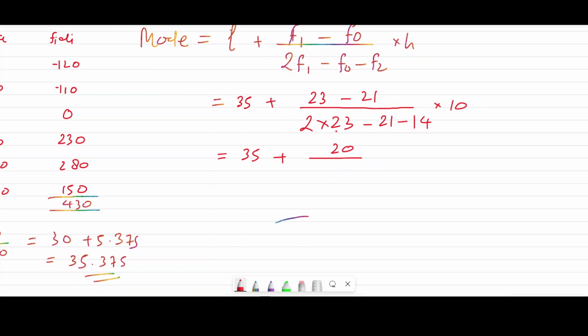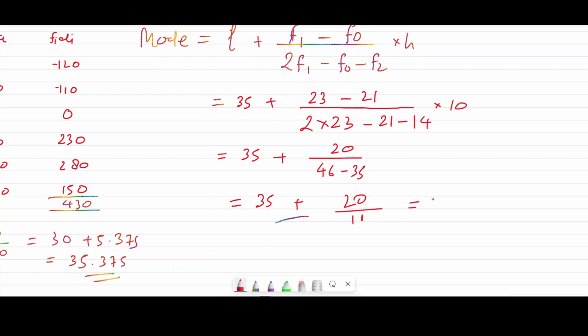Now here 46 minus 21 minus 14 is 11, so 35 plus 20 by 11, that is 1.81.